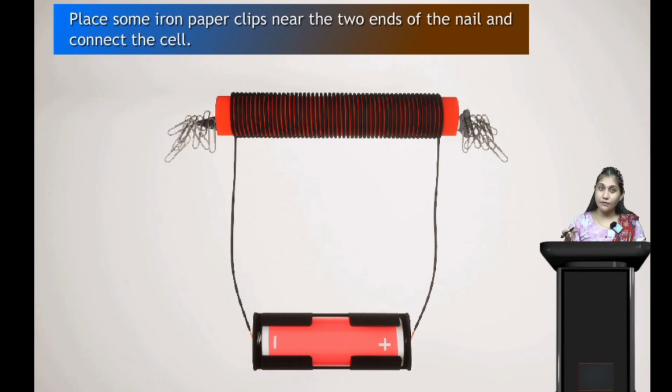The iron clips get attracted towards the iron nail, isn't it? As soon as we give the connection, the iron clips get attracted towards the iron nail.